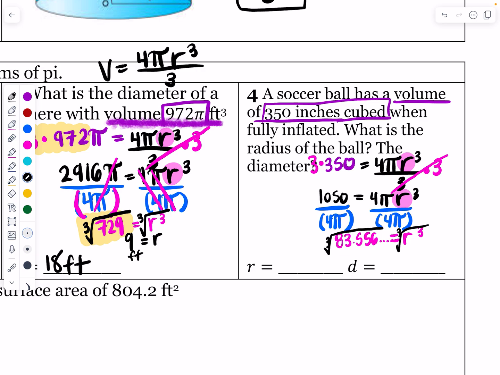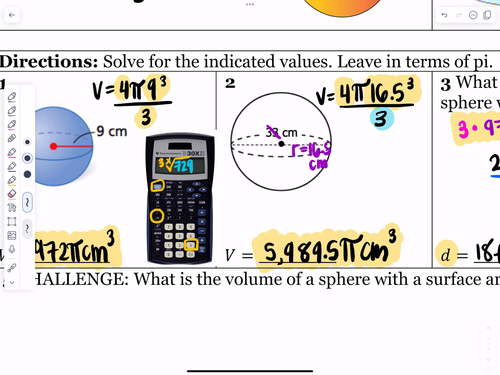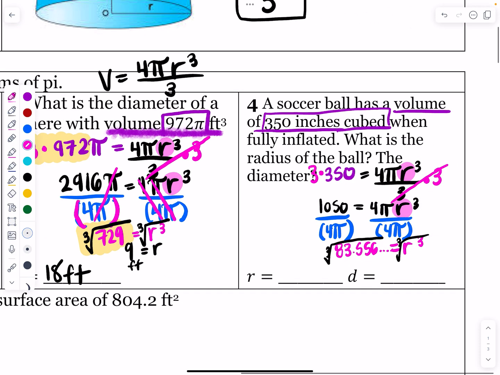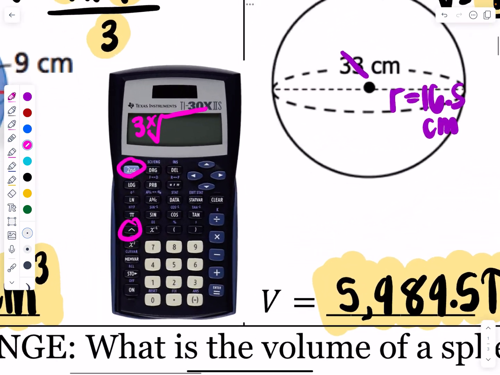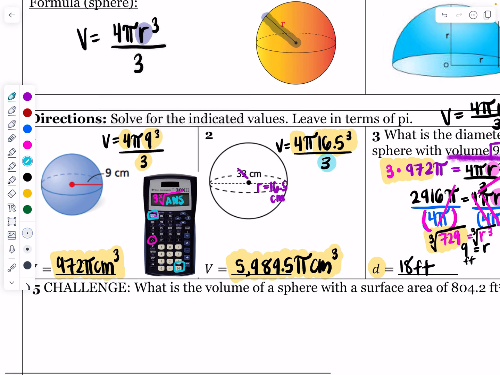So when you take the cubed root on your calculator, what just popped up was my answer, and we want to recall that. I type a 3 first, then second, x root, and I want to recall that previous answer, 83.556. To recall an answer, I click second, and then it pops up as ANS, which just means that 83.556 number.